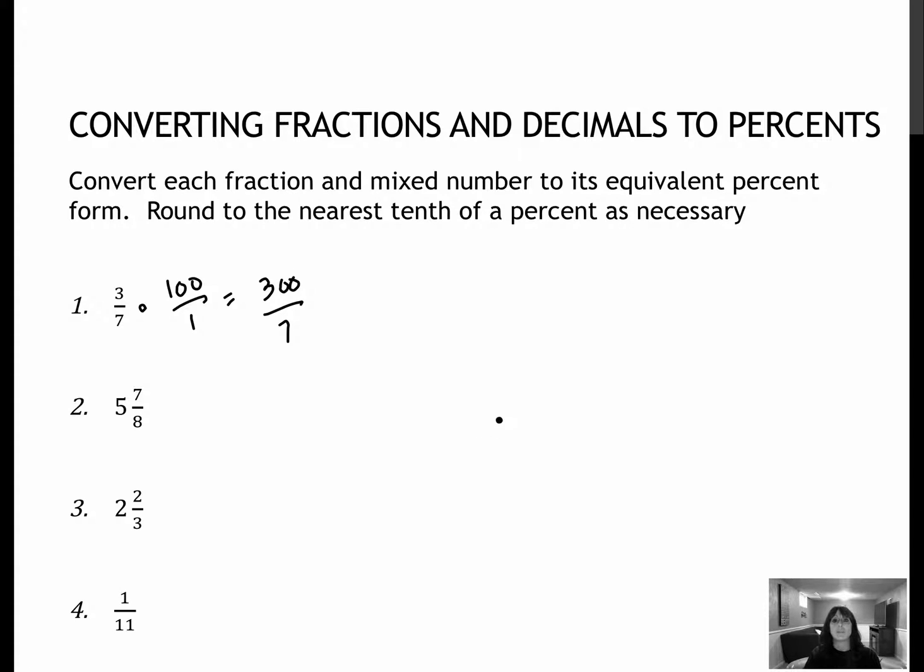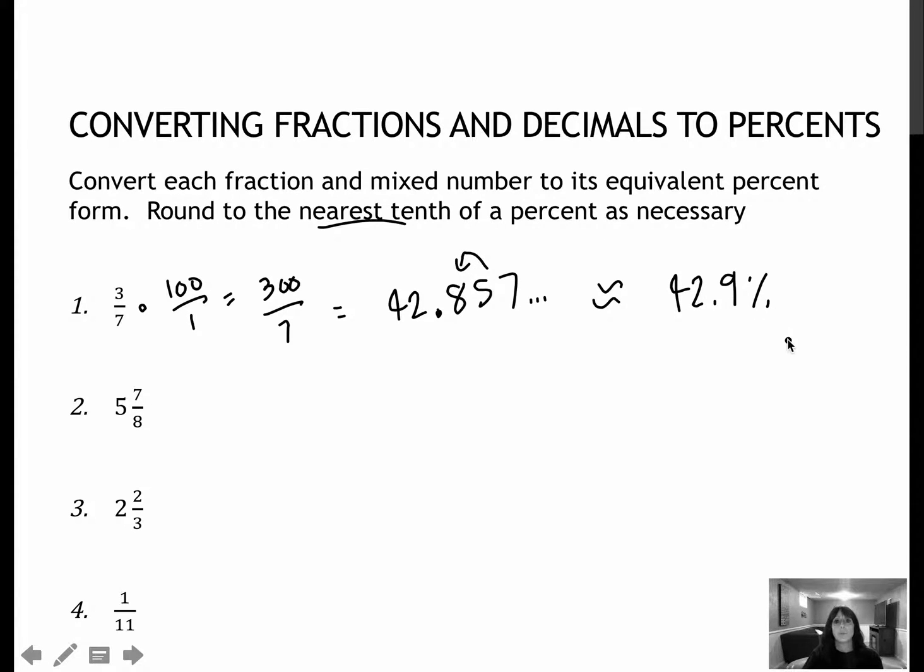And so I would simply divide. Dividing 300 by 7, I get 42.857, and it keeps going. I want to round to the nearest tenth, so I'm going to call this about 42. That 5 says please round up, 42.9%.